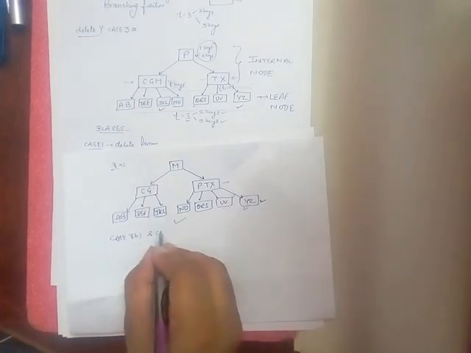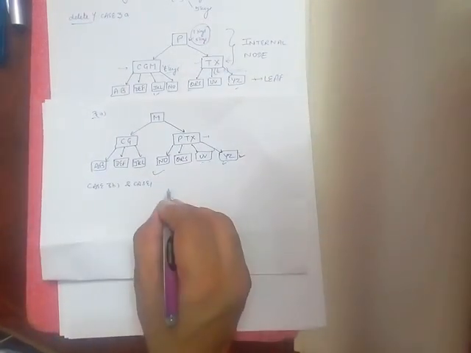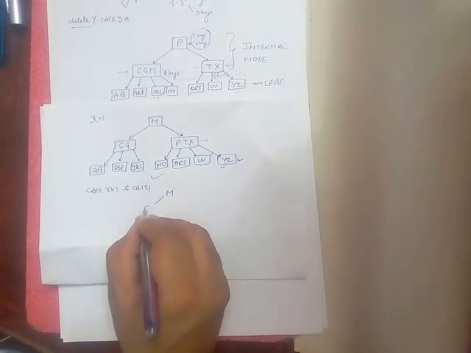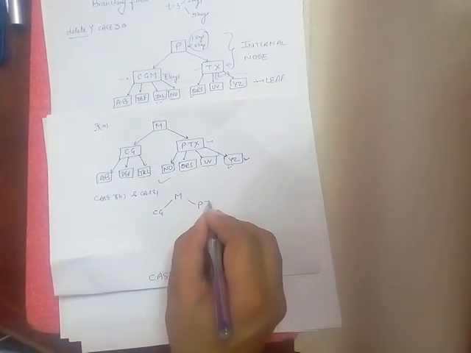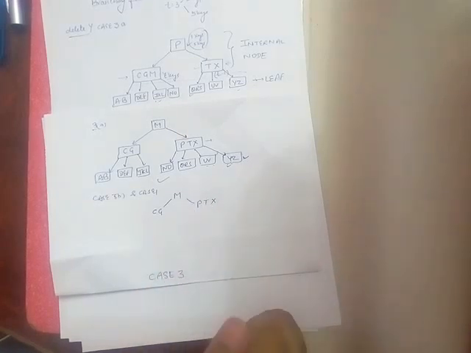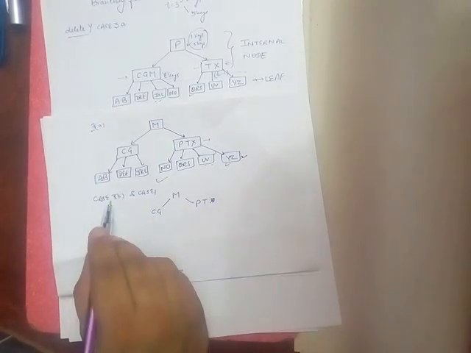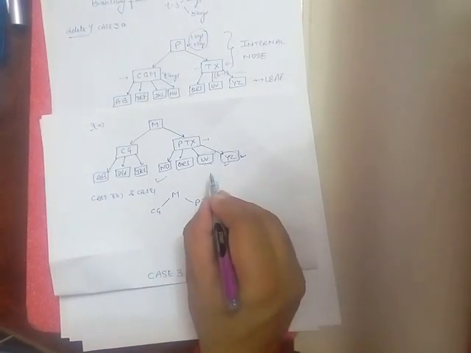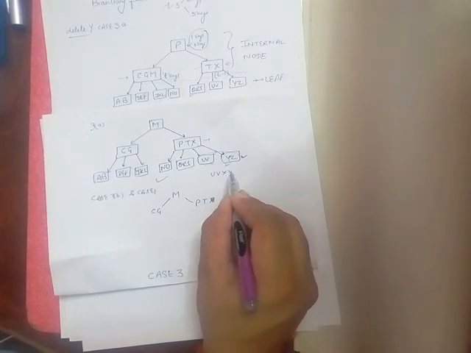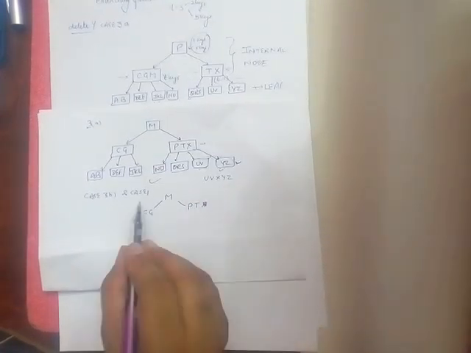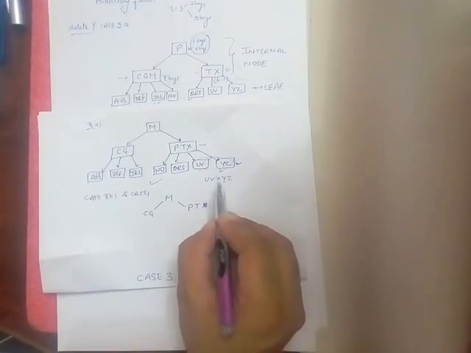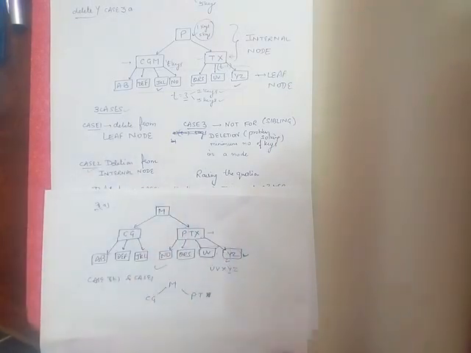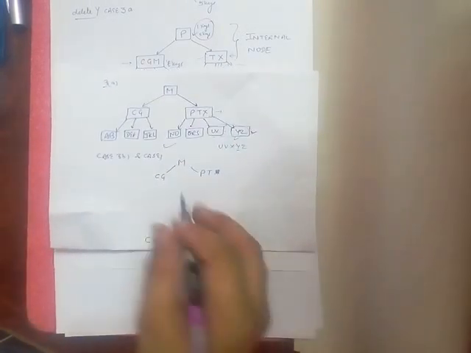Then case 3B and case 1 are applied, and by applying these two cases the figure is like this: M, C G, P T. As case 3B is applied, these two nodes are merged and X is brought downward, making U V X Y Z, and in the same step by case 1 we delete Y because it is deletion from a leaf node. We know that when we delete from a leaf node, case 1 is applied, hence we can directly delete it, and the figure will become like this.